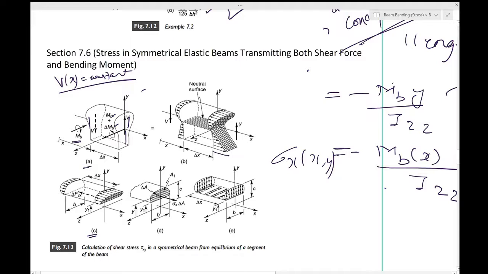So take a part of the beam which is taken from a distance over here and y1. So that is what we have done over here. It's like one part which has been cut out from the top. So we are only taking this part. Now we can focus our attention on this, which is c.